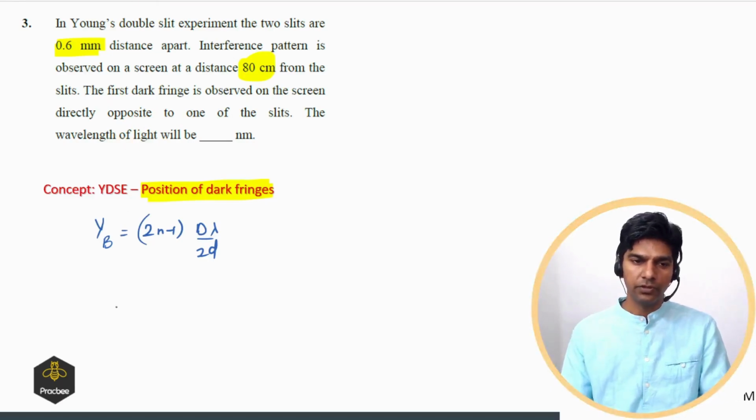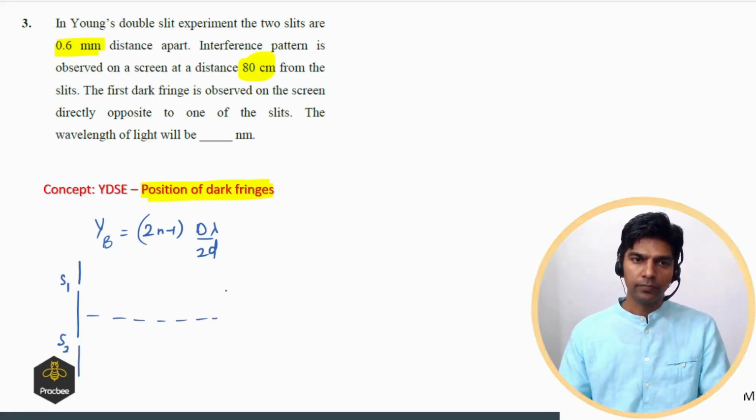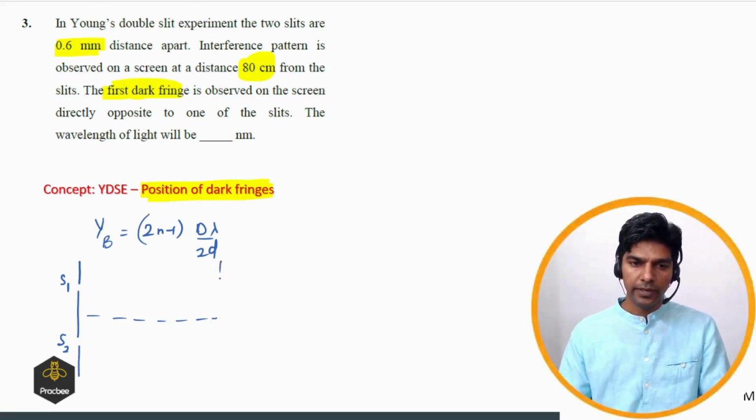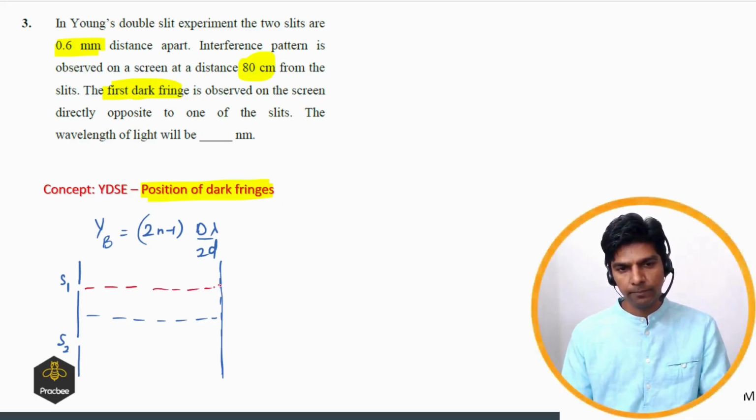So let me just first draw the diagram here. So this is first slit S1, this is second, and we have given that the first dark fringe is formed directly in front of one of the slits. So we can say that is the position of first dark.